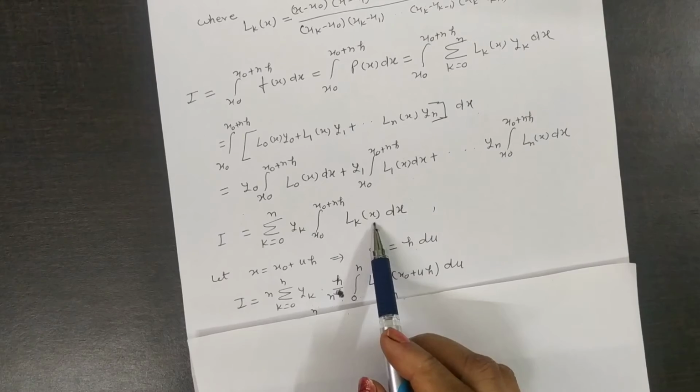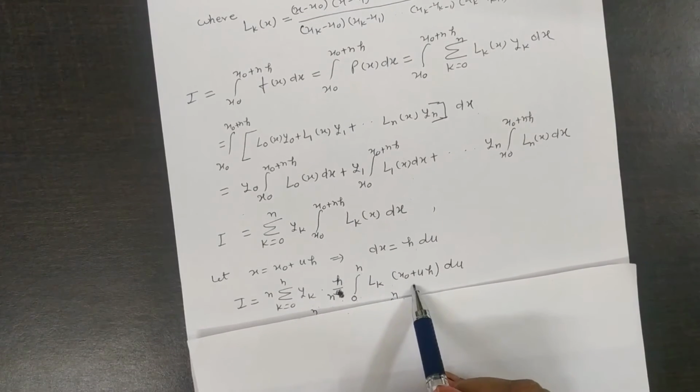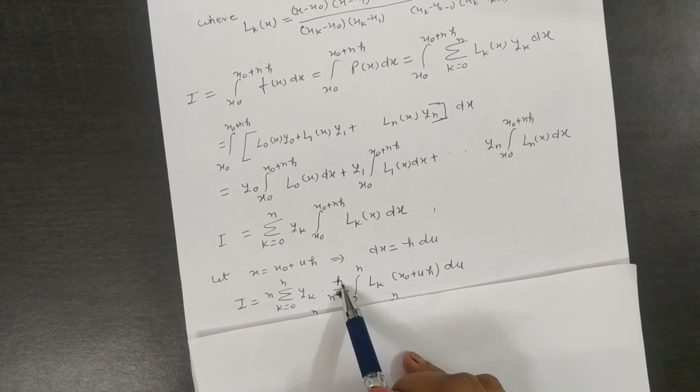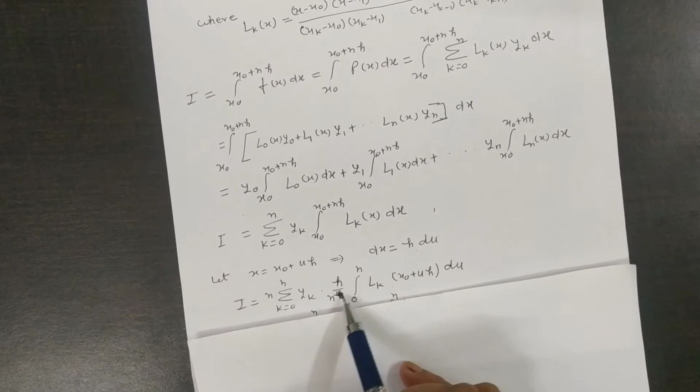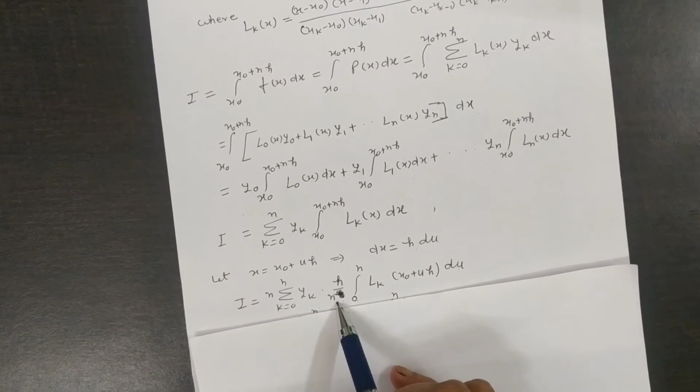So we multiply and divide by n, with n in the numerator and denominator. Yes, clear?